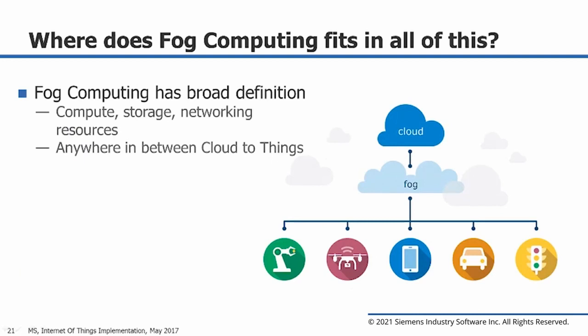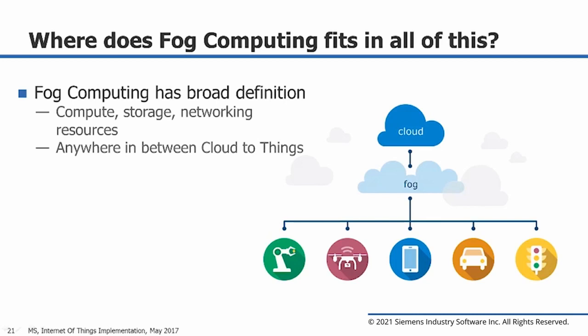One more terminology that I wanted to explain is fog computing and where does it fit in. So what we have discussed so far is end-to-end implementation, and now we want to see where does the fog computing fit into this implementation. Interestingly, Open Fog Consortium has a very broad definition of fog computing that suggests that any compute, storage, or network resources that are not part of cloud or device make up fog.